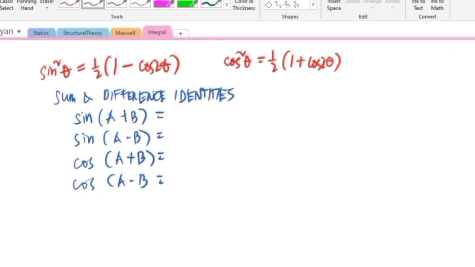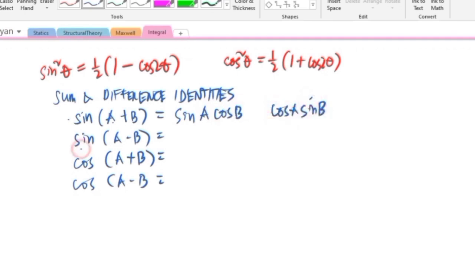Ang ginagawa ko dito ay gumagamit ako ng code. So, for the sine, palaging AB yan ang pagkakasunod-sunod. So, pag sine, I have the sin, cos, cosine. So, sin, cos, cosine.